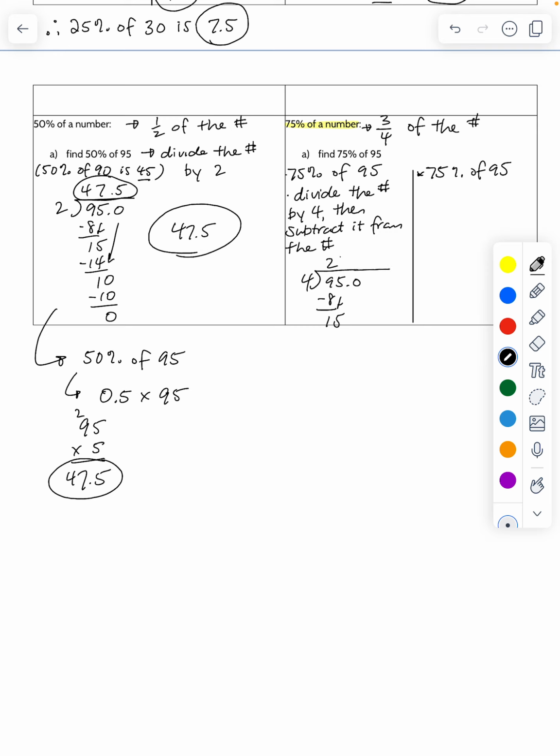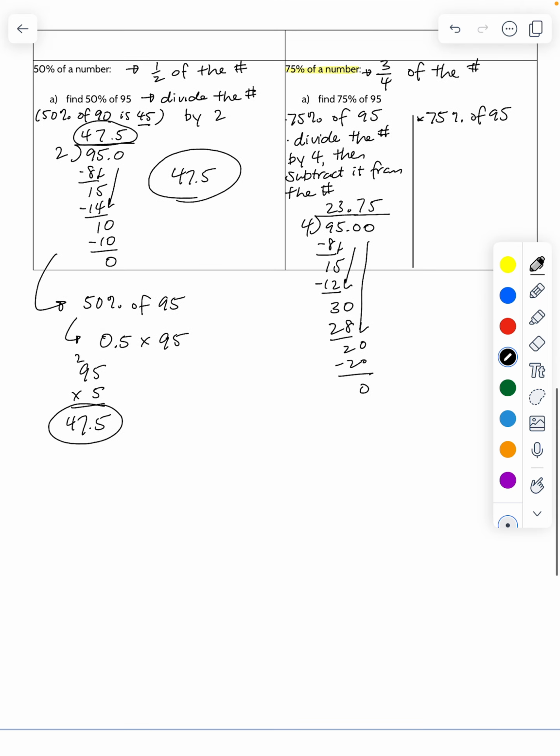So this is going to be 3 times 4 is 12. 30 divided by 4 is going to be 7 times 4 is 28. 20 divided by 4 is 5. 5 times 4 is 20 and 0. Okay, so I know that 1/4 of 95 or 25% of 95 is 23.75.